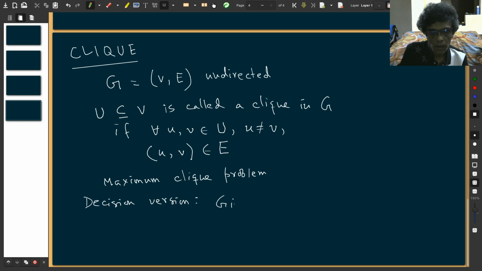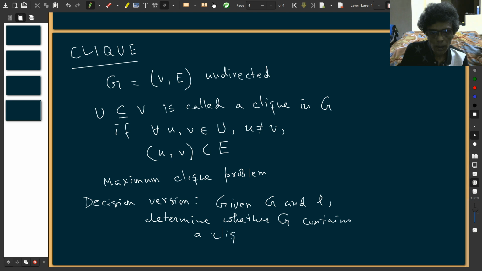Given G and a positive integer L, determine whether G contains a clique U of size L. Okay.